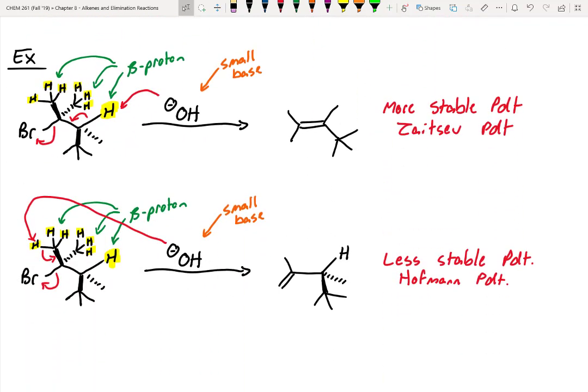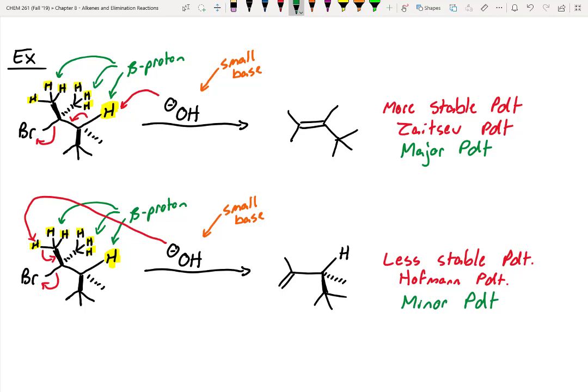So we can go ahead and we can say that this would be our major product. And this would be my minor product for this reaction. So we would get a mixture. It wouldn't be an even mixture. And what's the relationship between these two products? Are they enantiomers, diastereomers, identical, constitutional isomers?